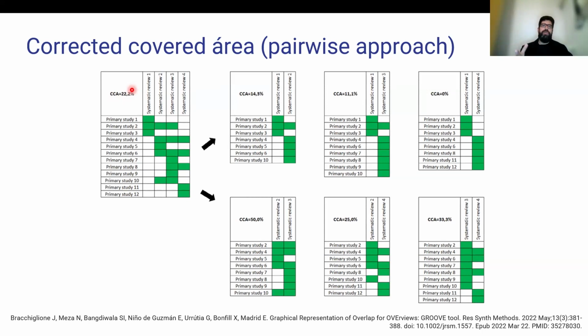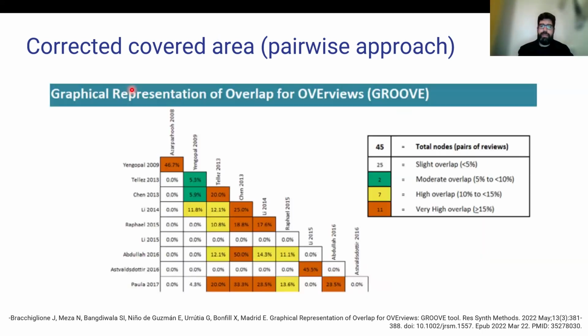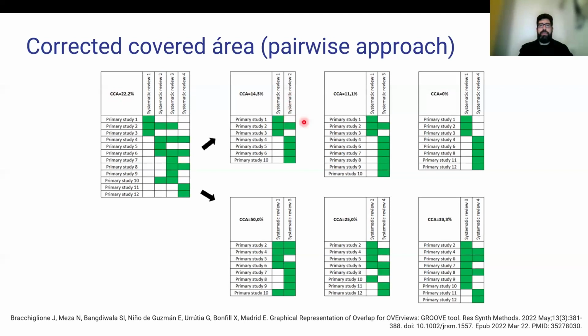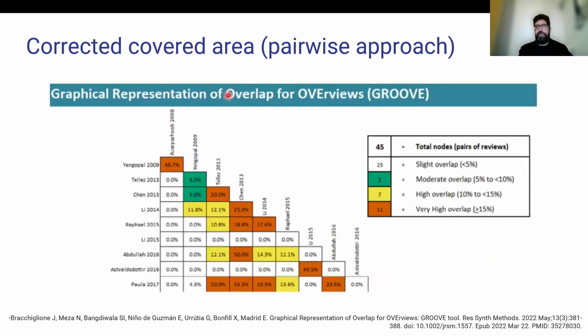And this is quite useful the bigger the matrix is. So we propose to take each matrix assessment, each CCA assessment, and provide a figure like this. We call this GROOVE, graphical representation of overlap for overviews. We made this triangle where we have all possible pairs of systematic reviews, and here is the CCA calculation for each one of those possible pairs.